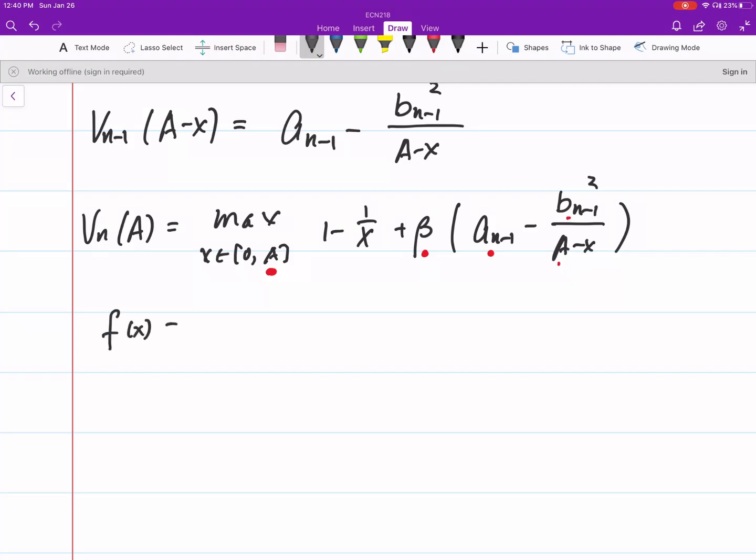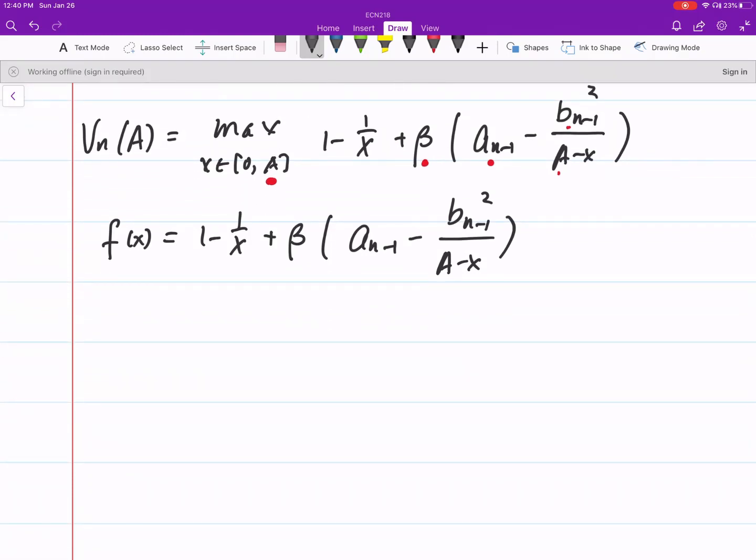We are maximizing this function, F of x, equal to 1 minus 1 over x plus the rest. It helps if we call this whole thing a new function, so that we can use the knowledge from calculus. All other things are constants. We take the derivative and find the critical value. f prime of x: the first term gives 1 over x squared.